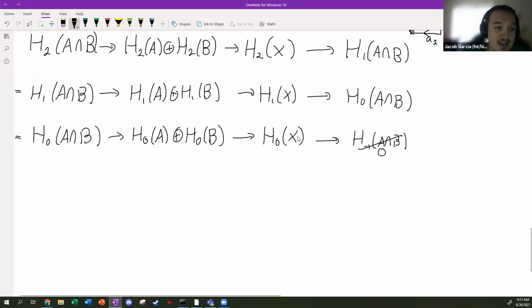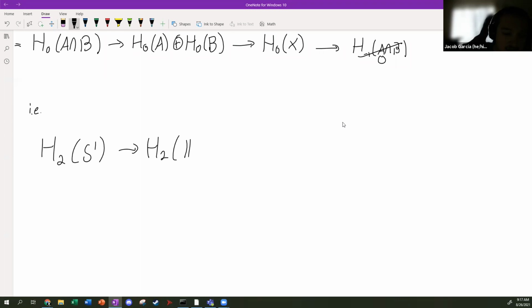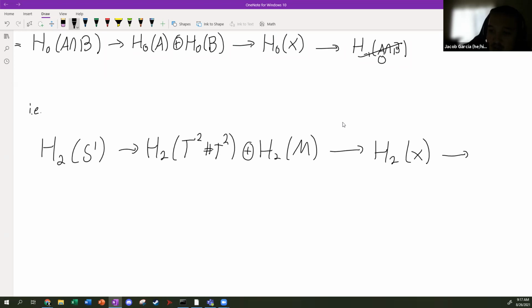Okay, so this is the tail end, and I'm now going to insert what A intersect B, A and B are all equal to. So I have H2 of S1. This goes to H2 of the genus 2 surface plus H2 of the Mobius band. This goes into H2 of X, which goes into H1 of the circle.